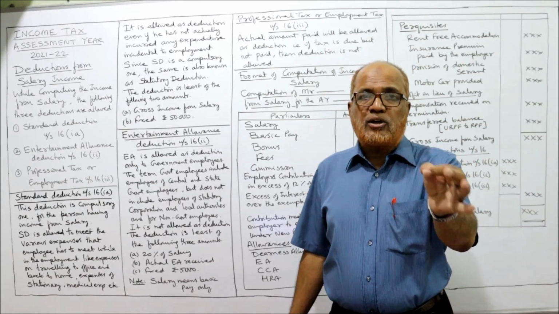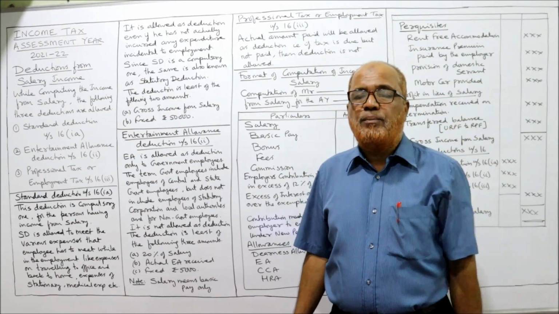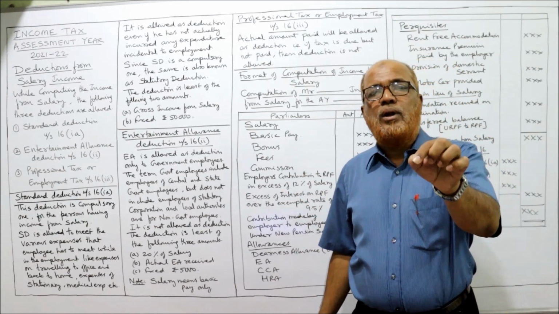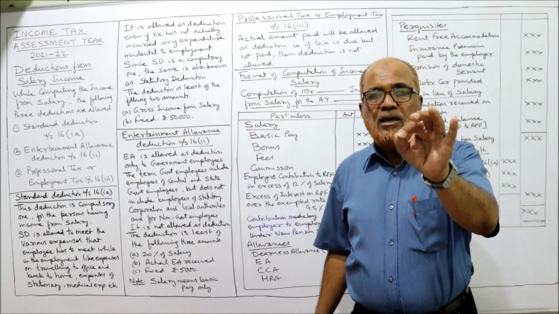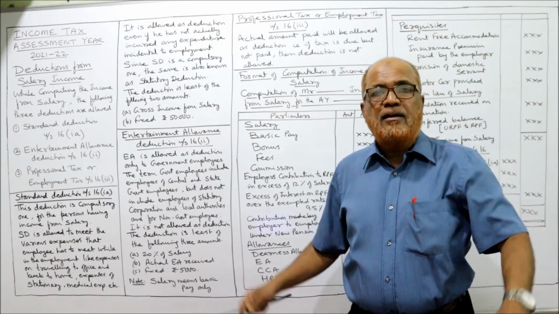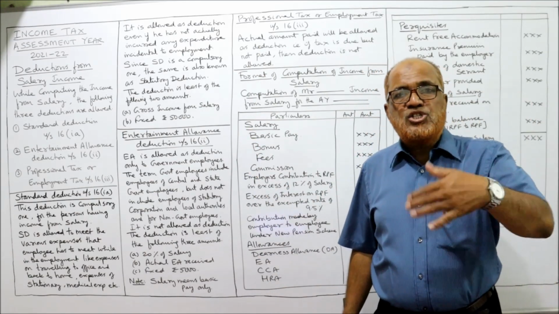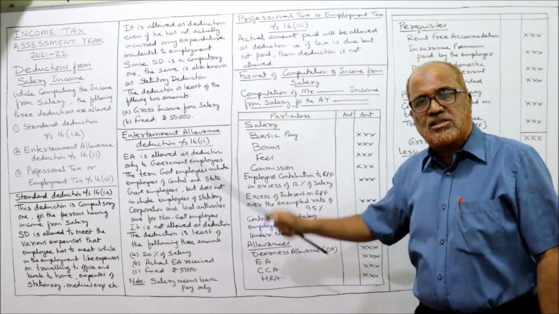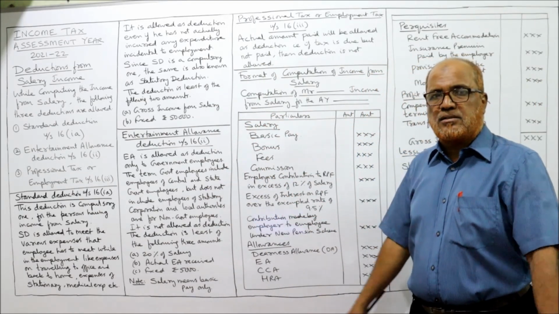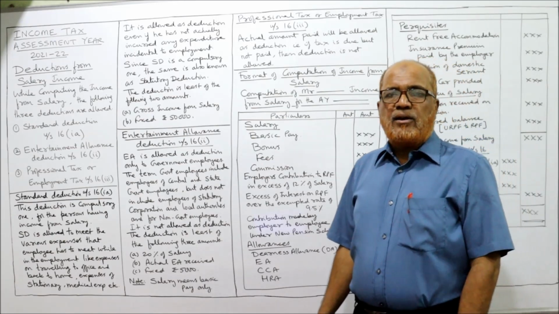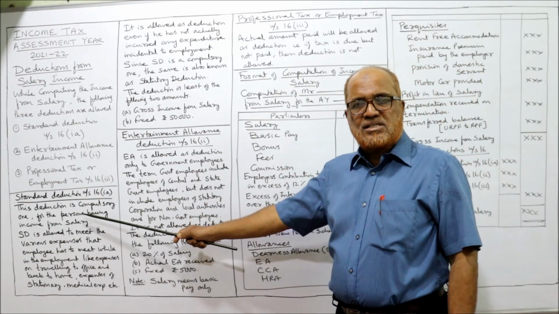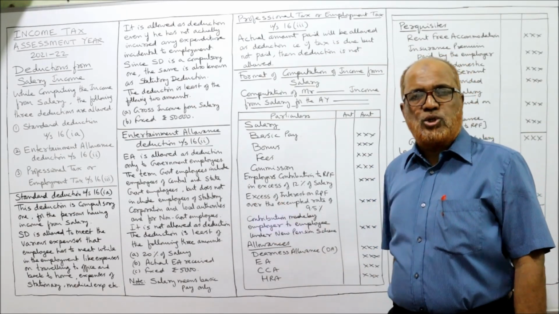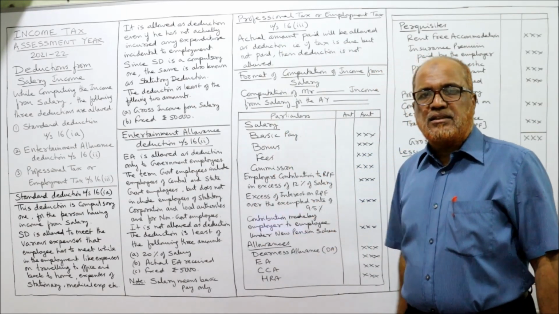If it is due but not paid, no deduction will be allowed. That means professional tax deduction will be allowed only on payment basis. If the assessee has paid, then only deduction. If it is due but not paid, no deduction will be allowed under section 16(iii). That's it. So I have explained the three deductions: standard deduction 16(ia), EA deduction 16(ii), professional tax 16(iii).